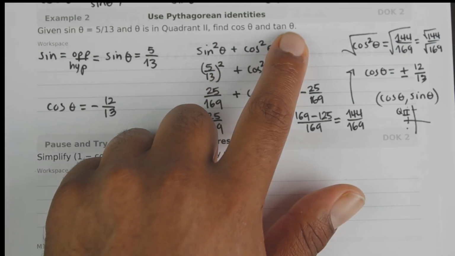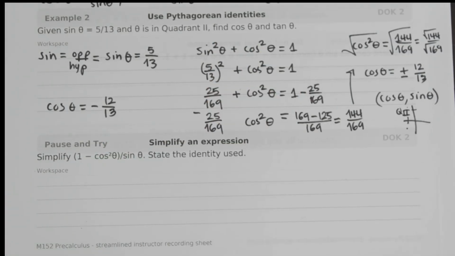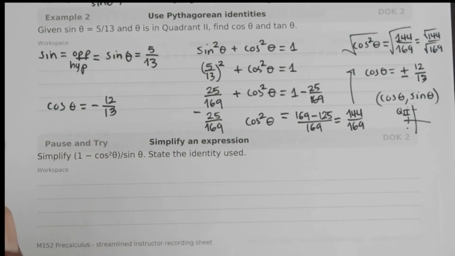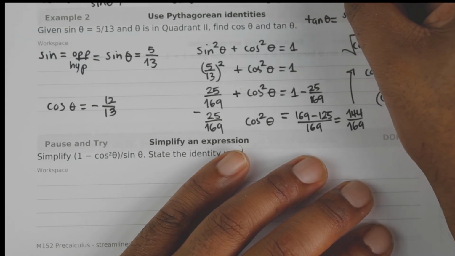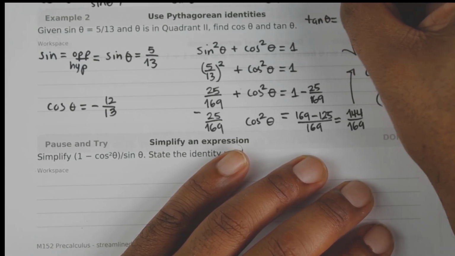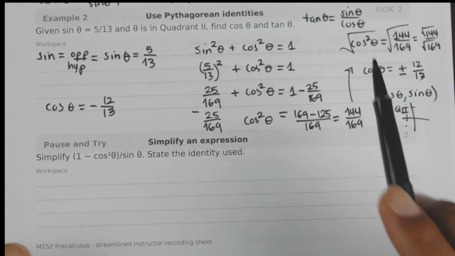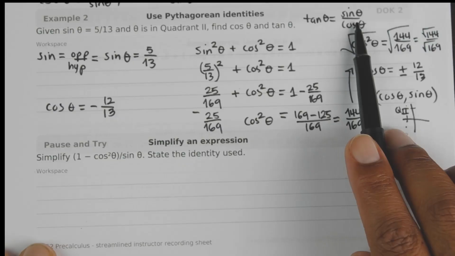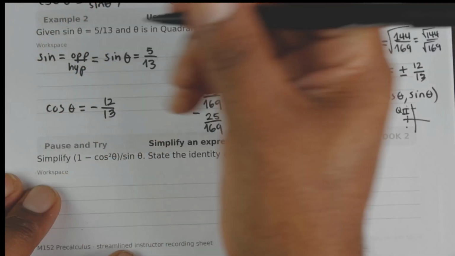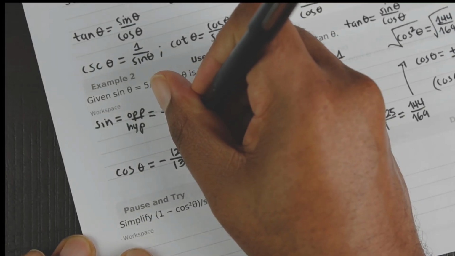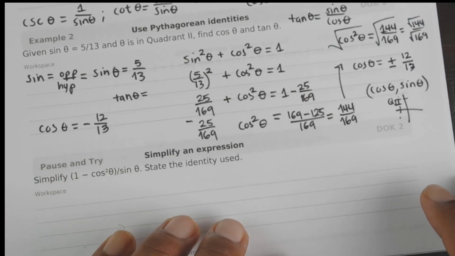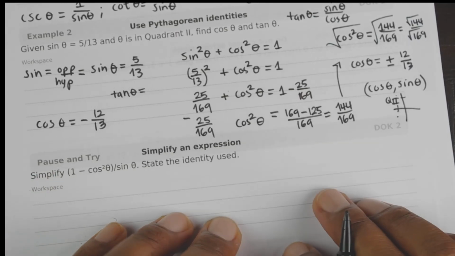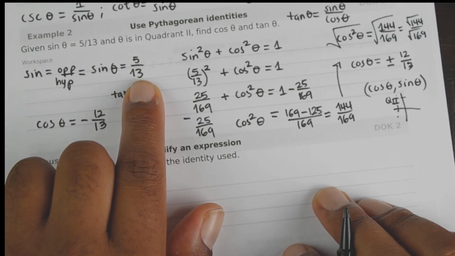Now we need to find tan theta. Okay, and I probably should have left that space for that. But tan theta is sine theta over cosine theta. So essentially, what that would be is the sine. And so sine, let's see, would be this, right?